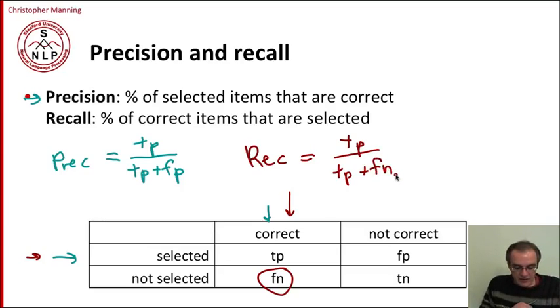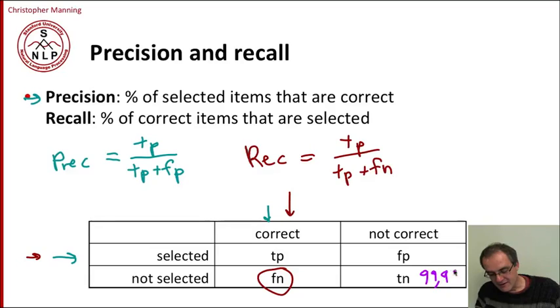And so note how looking at these measures solves the problem that we had last time with the shoe brands, because the fact that there are 99,990 tokens that are true negatives is now having no effect on these measures at all.